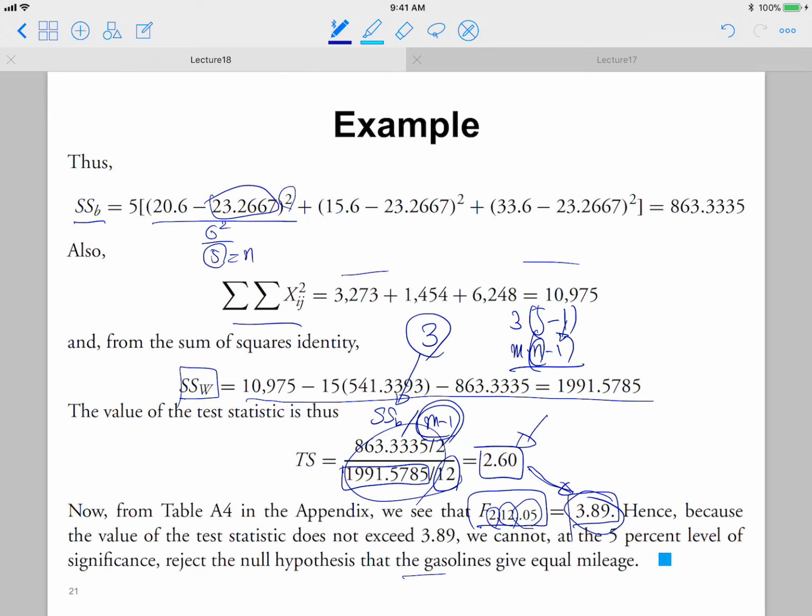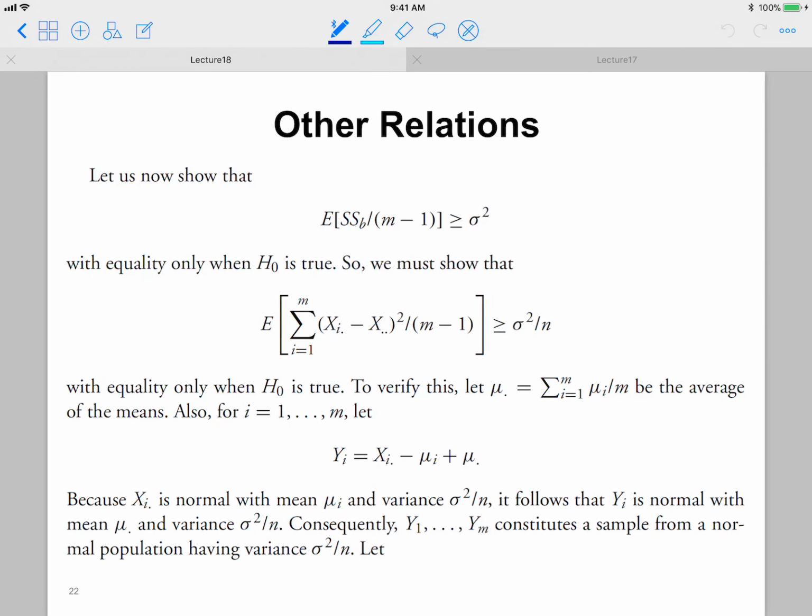Okay, so among different groups, the gasolines will give the equal mileage or miles per gallon. That is our conclusion from this hypothesis testing.